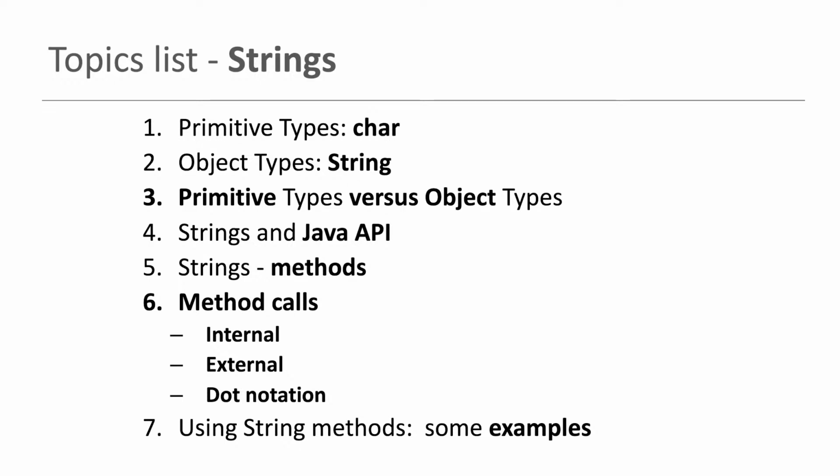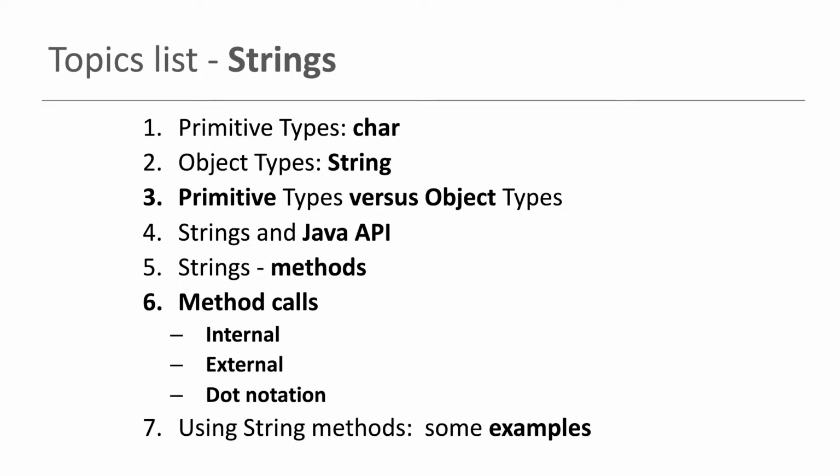Today we're going to look at the difference between primitive types versus object types, and at strings in the Java API. Specifically, we're going to look at some methods that you might find useful to call in order to manipulate text. We're going to introduce the concept of dot notation by looking at method calls, which we've been doing this week, but distinguishing between internal calls and external calls.